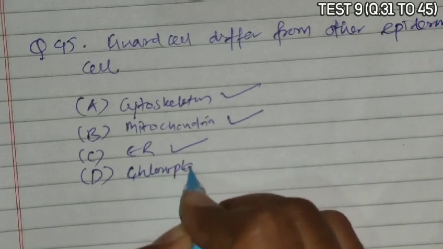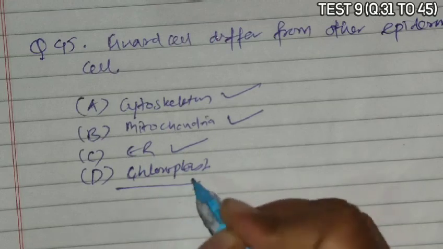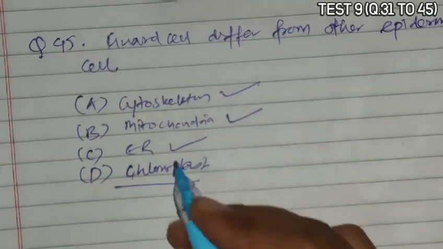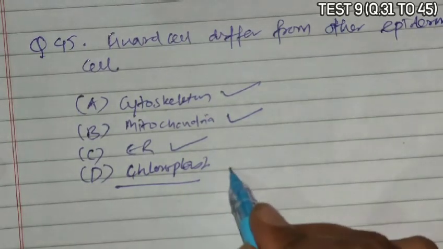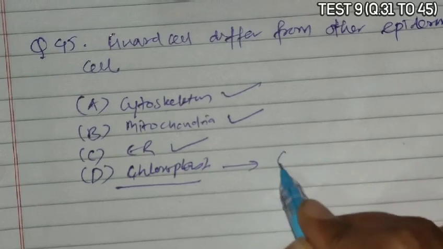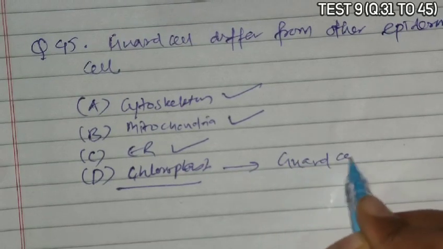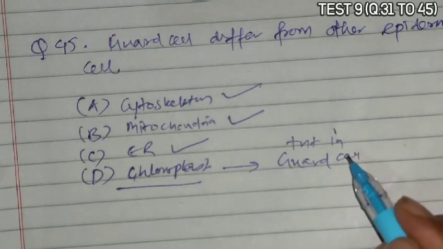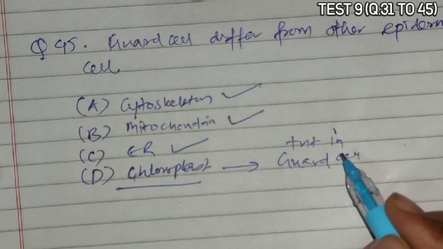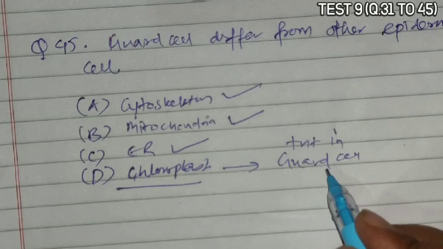The leaf and stem epidermis is covered with pores called stomata. Part of the stomatal complex is a pore surrounded on each side by a chloroplast-containing guard cell. So chloroplasts are present in guard cells.